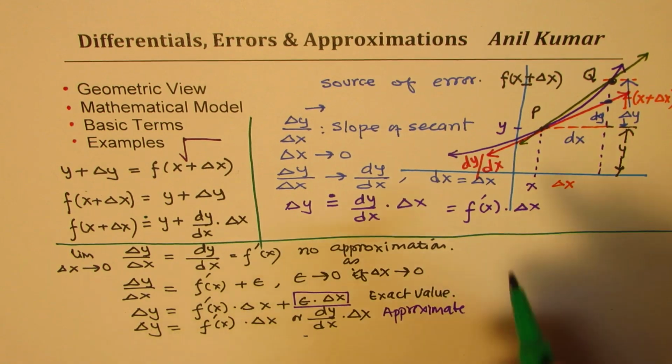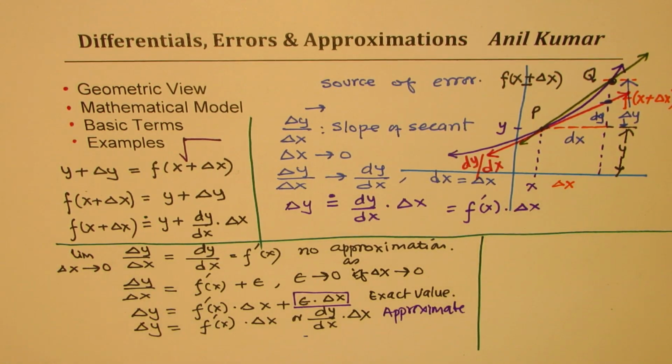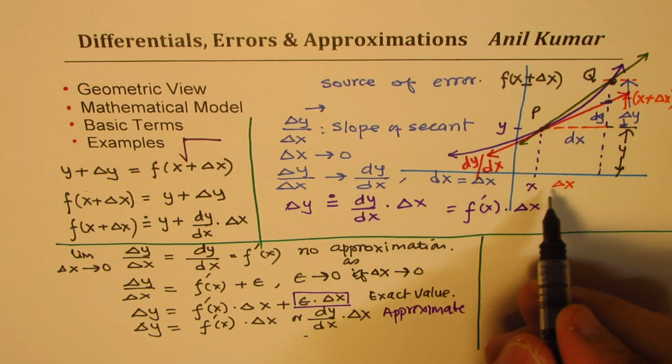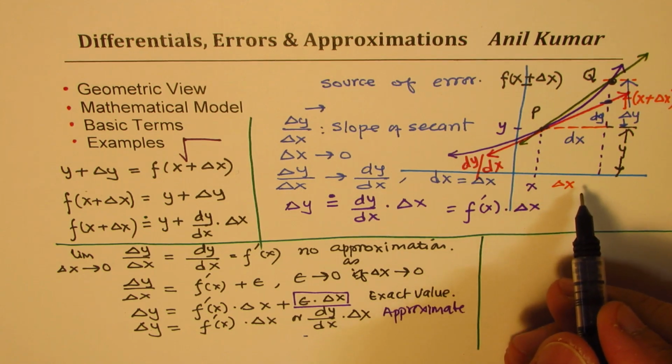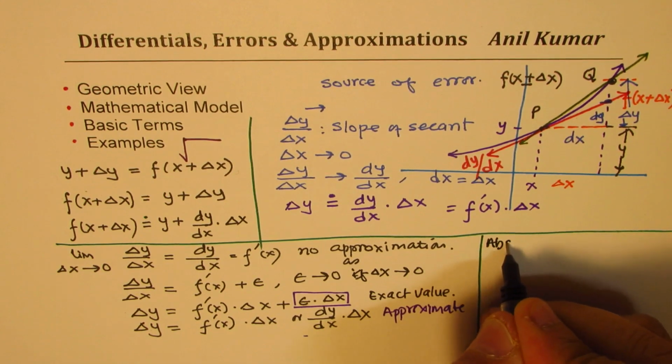Now, let's try to define some of the terms before I move to the next page and talk about a few examples. So we say that there is a relative error. We can begin with the absolute error in delta x itself, right? So we have a couple of errors. One we call the absolute error.